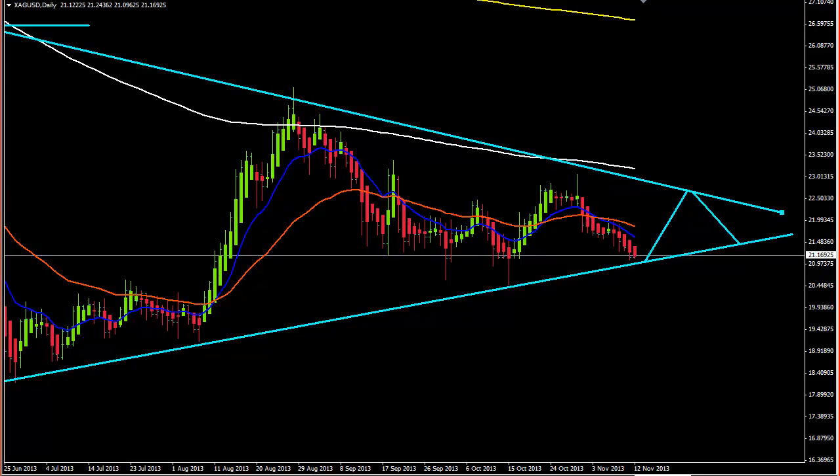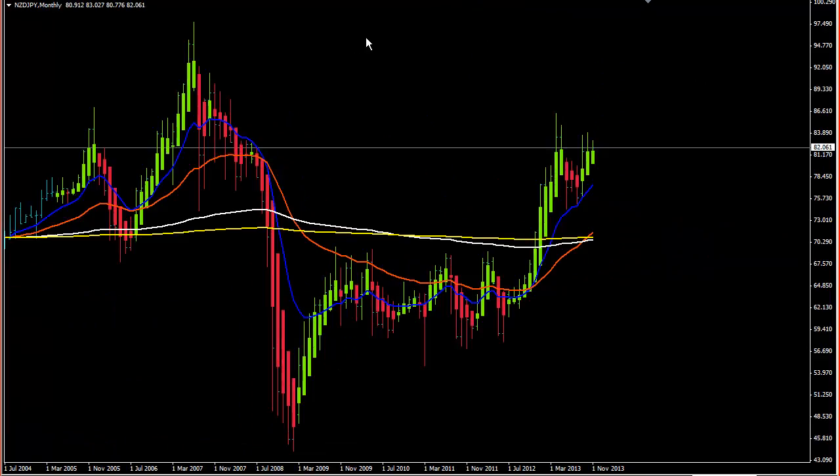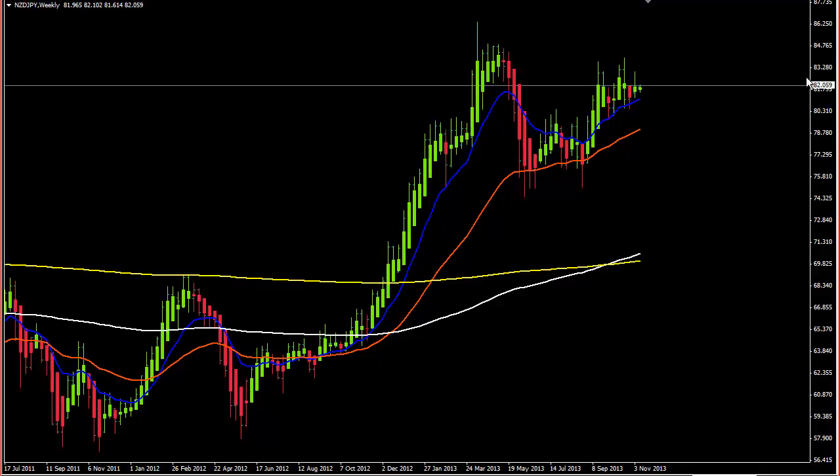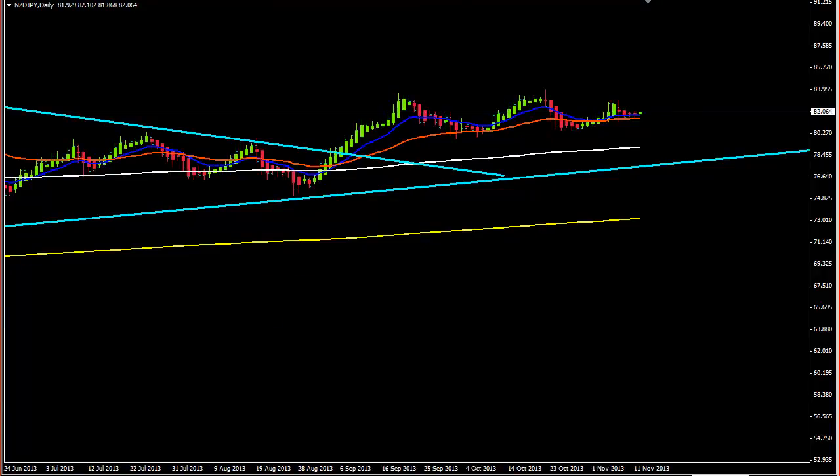Then we still have the New Zealand dollar yen, which doesn't look much like anything. Look at this. It came out there. We had the bounce, longs in play, but we have the range on the daily chart and the 4-hourly still.